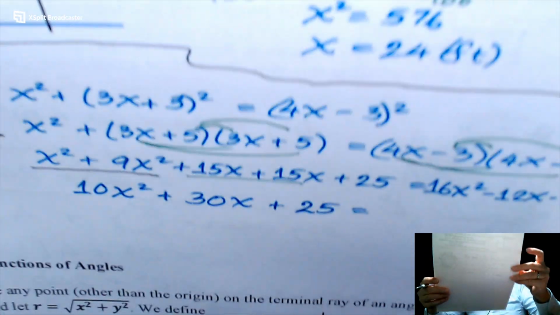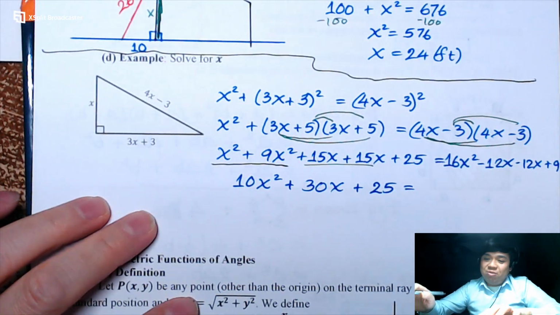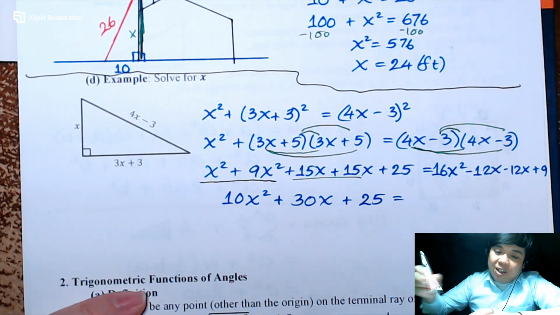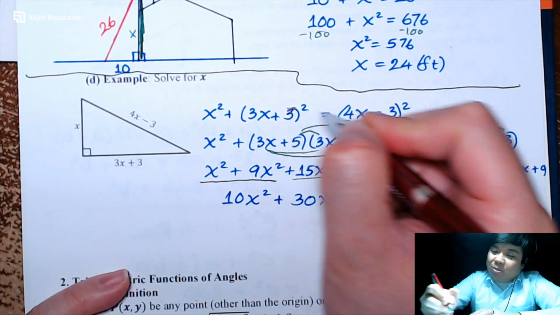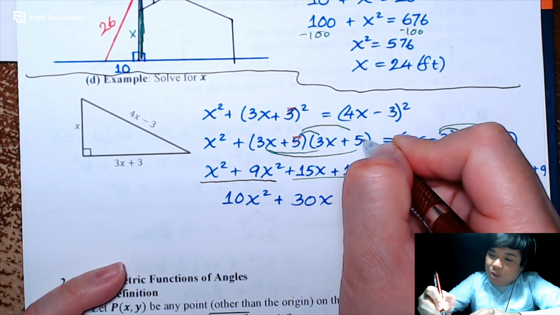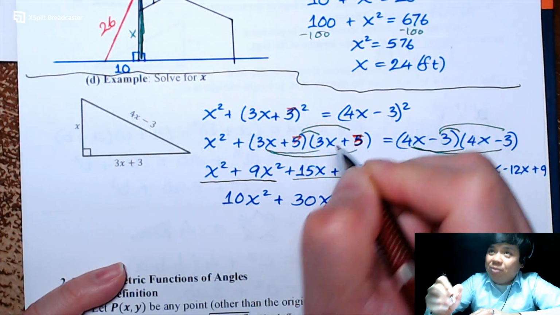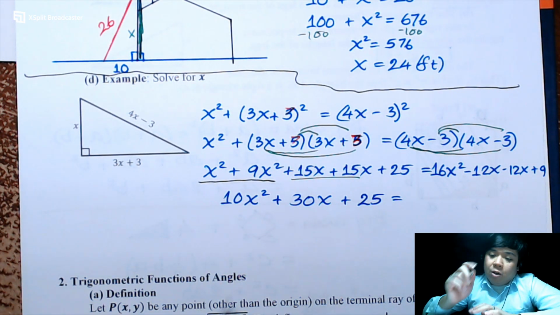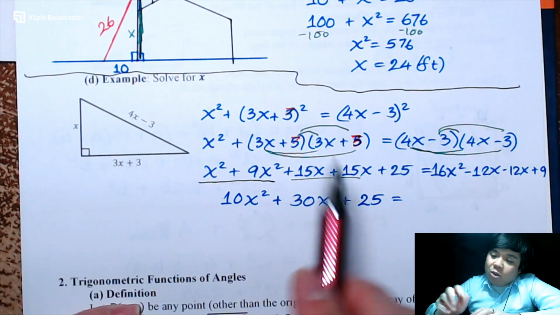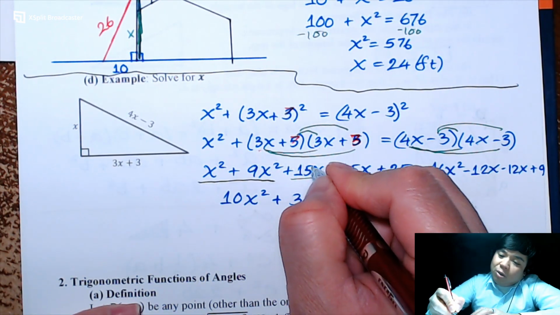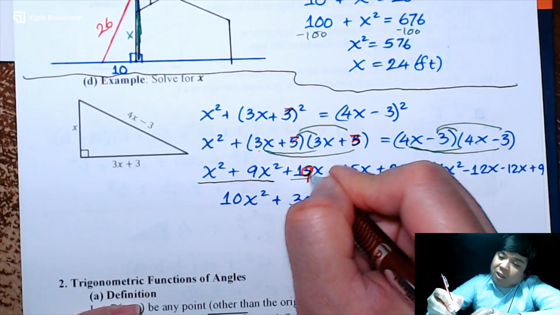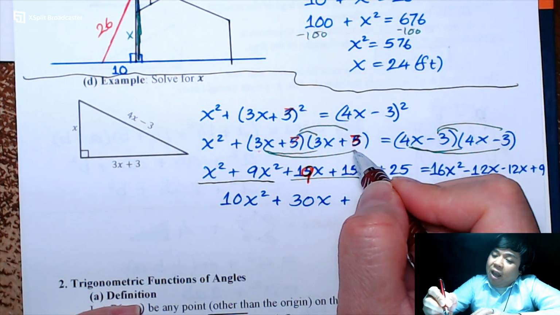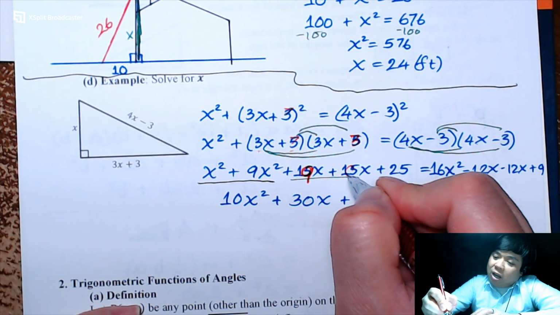Wait a minute. Sorry. That was 3. This is a long day. I'm too close to the page. It should be 3. Sorry. So x squared, and 3x times 3 is 9x, and 3 times 3x is also 9x.